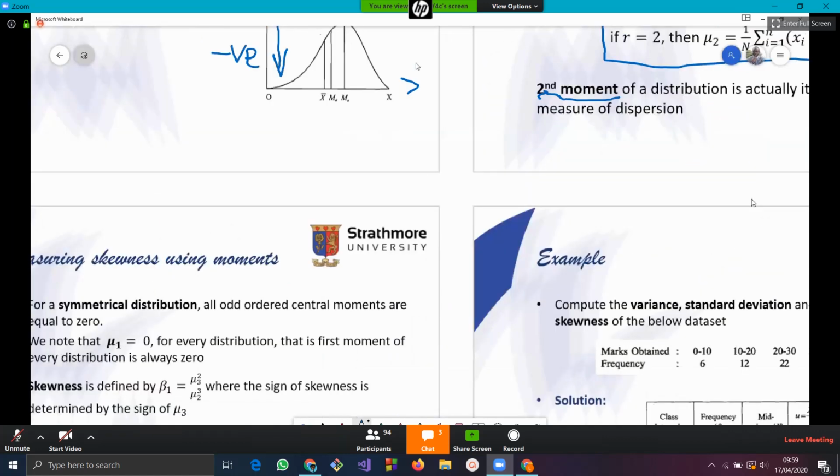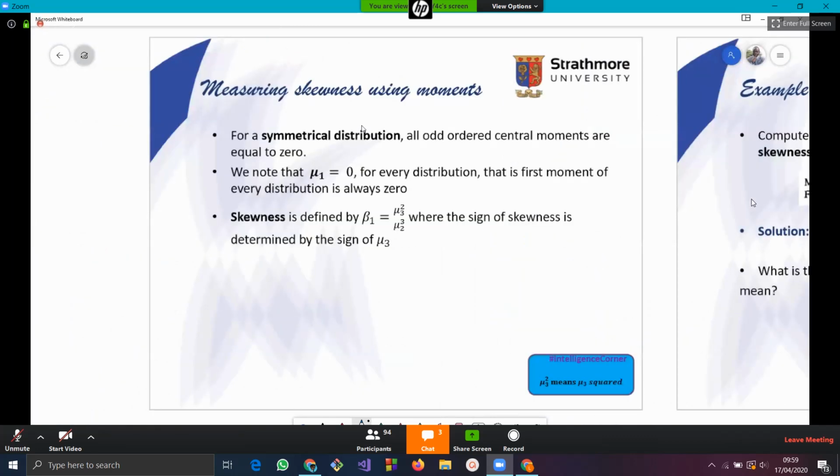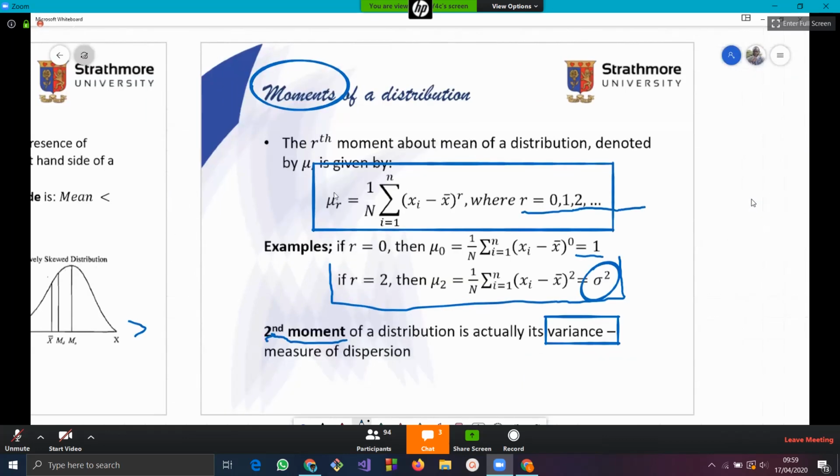So how do you measure skewness? Whether a graph or a distribution is positively skewed or negatively skewed. The way we defined moments up here, this sign here is a Greek letter called mu. So the mu of r, we read this as mu sub r because r is a subscript here.